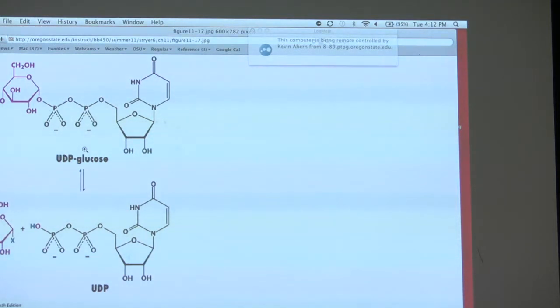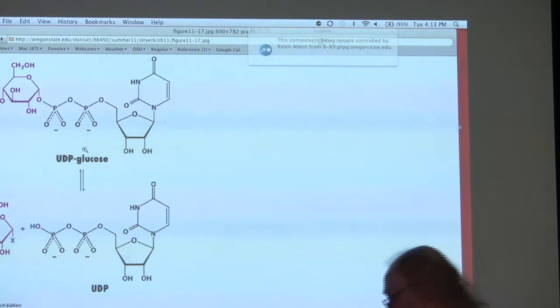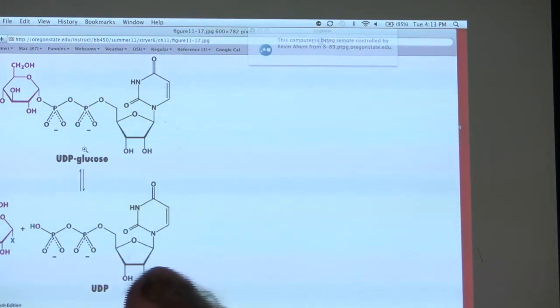UDP is a compound that has a decent amount of energy in it. The reason that we use UTP, for example, to make nucleotides is the energy of the UTP is used to make the RNA molecule.